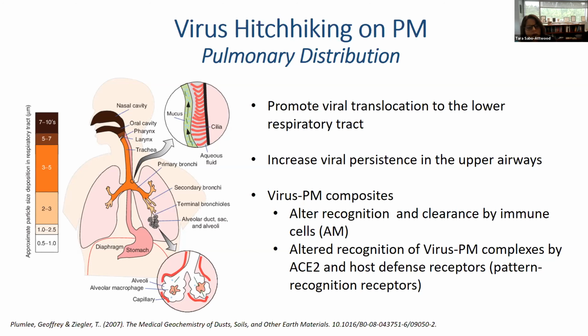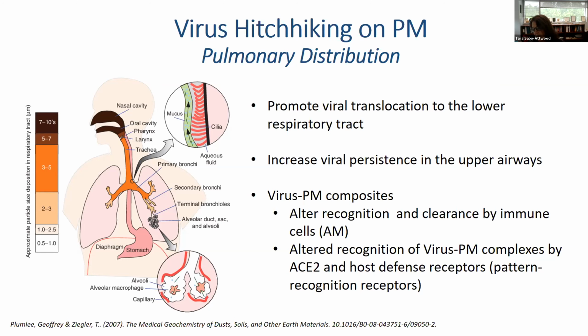And then finally, the pollutant-microbe complex may alter the normal immune defenses, occurring differently than what we see to each singly. Ideas in that area could include altering recognition and clearance by the immune cells. So the body is seeing this complex differently than it sees each agent singly. Or the complex could alter recognition of or expression of certain receptors, for example, ACE2, which is the receptor that SARS-CoV-2 interacts with to actually enter and affect cells.